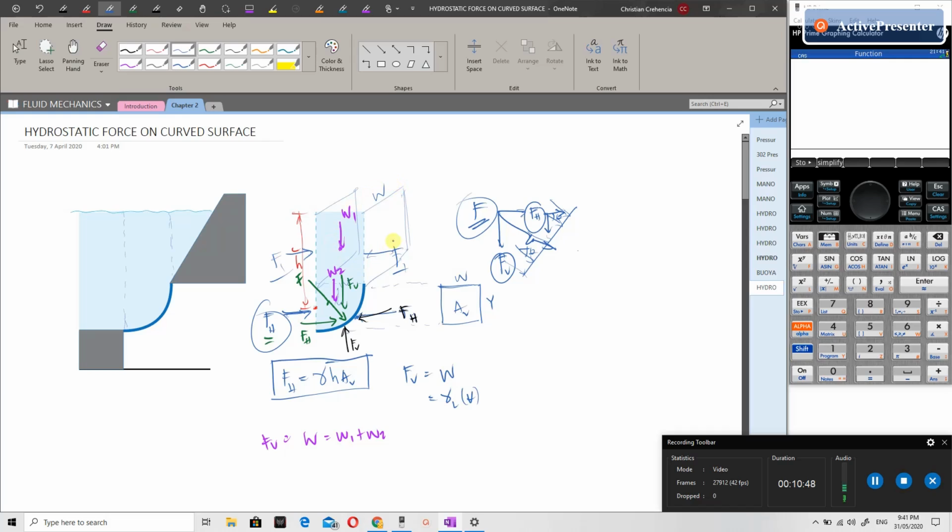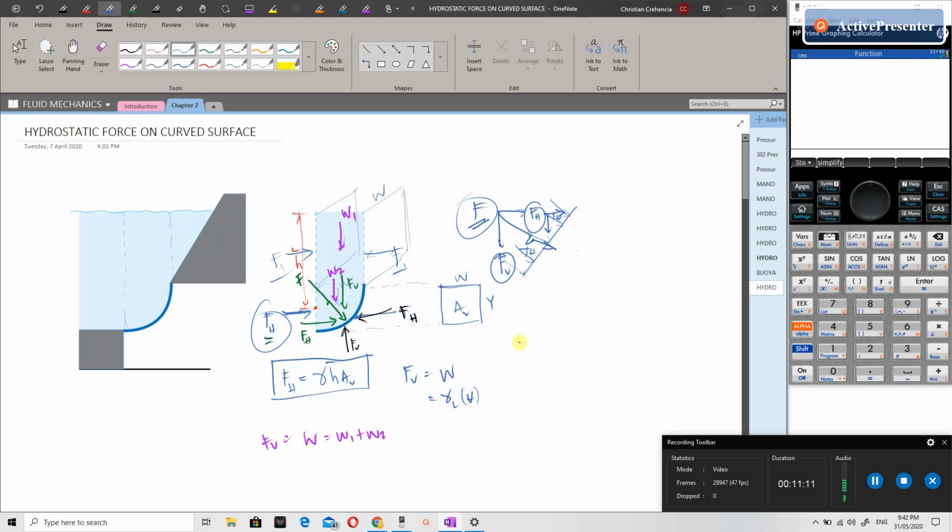So, we have a rectangle. And then, we have here a quarter of a cylinder. Okay, so, it's a cylindrical shape, no? So, a quarter of the cylinder. So, that's volume 1 plus volume 2.